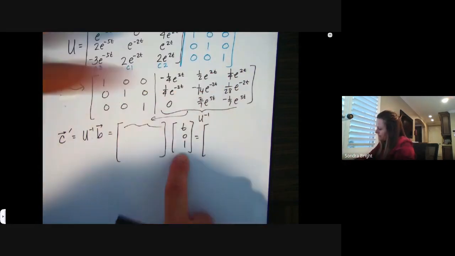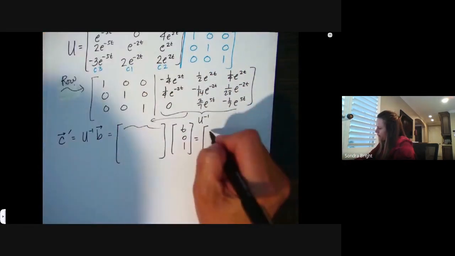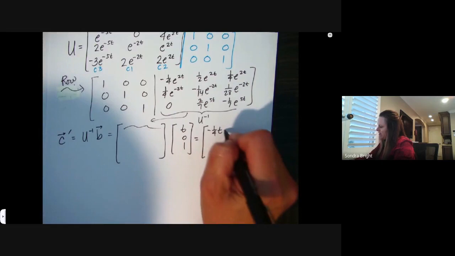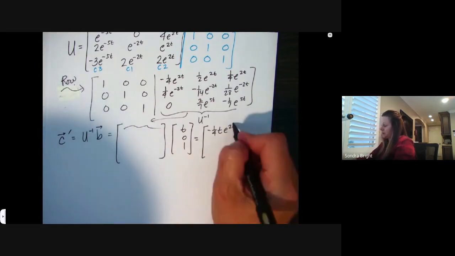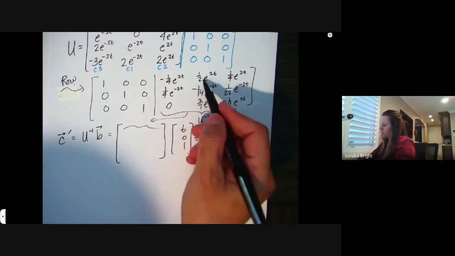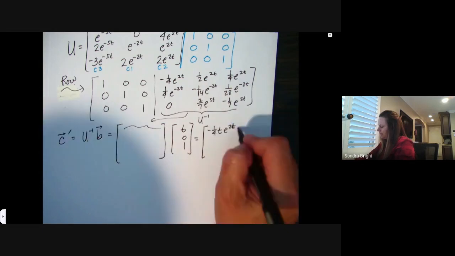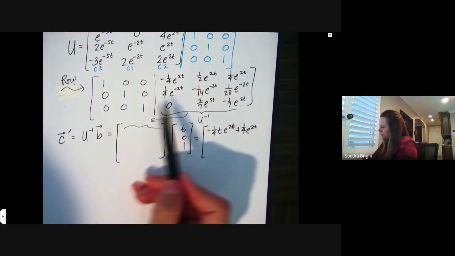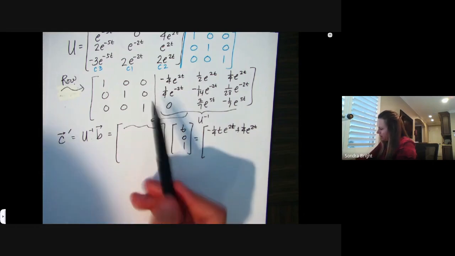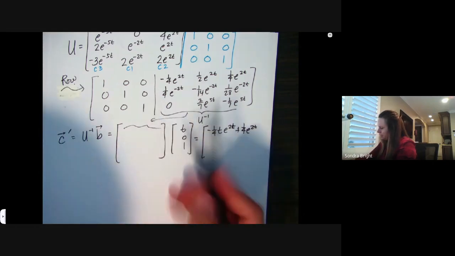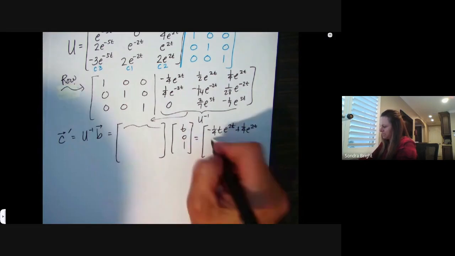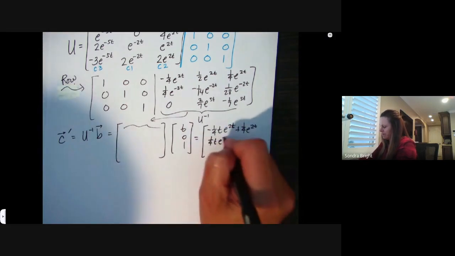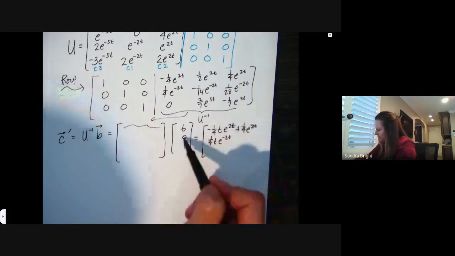So you end up with -1/4 t e to the 2t plus 0 times this plus 1/4 e to the 2t. Then multiplying row 2 times this column, you've got a positive 1/4 t times e to the -2t plus a 0 times this plus a 1 times that one.